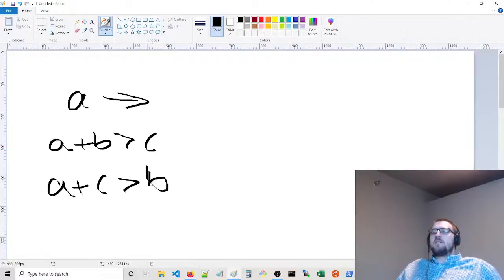So I'm going to use some maths to optimize our algorithm, really. That's what it comes down to.